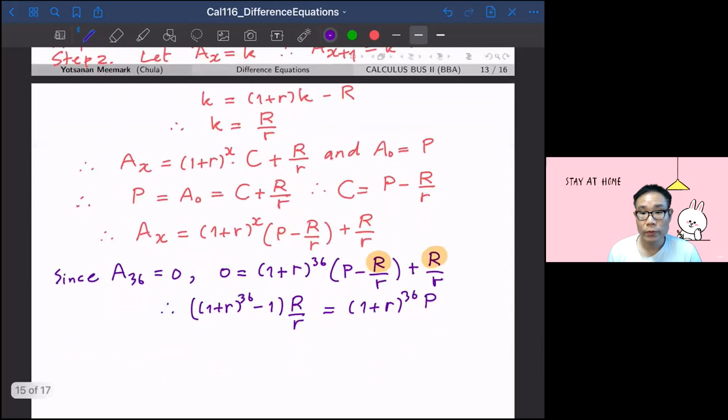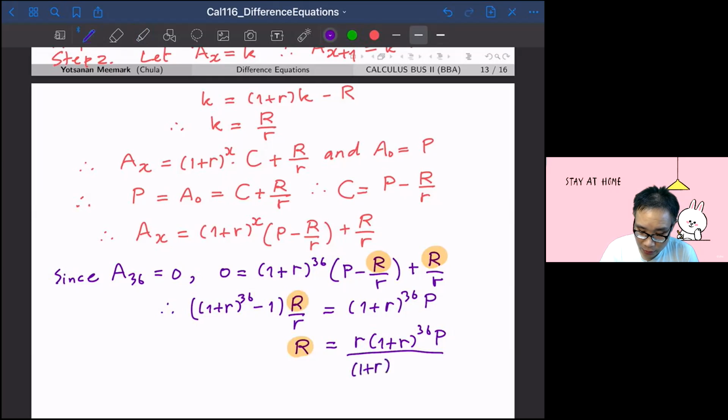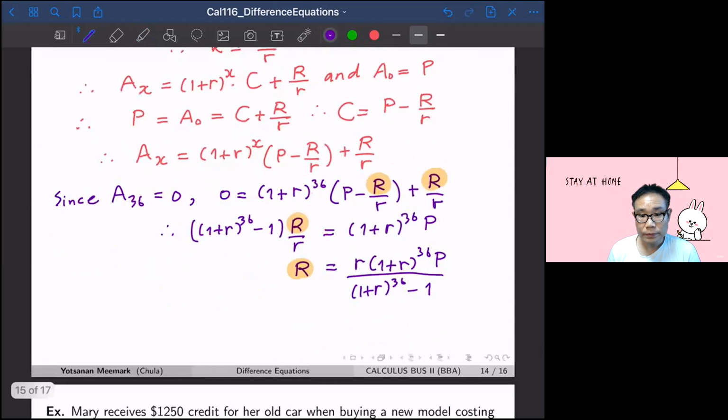So this one will be just like that. And then you're going to have your r times (1 plus r) to the 36 times P. So we want to solve for the capital R, over (1 plus r) to the 36 minus 1.